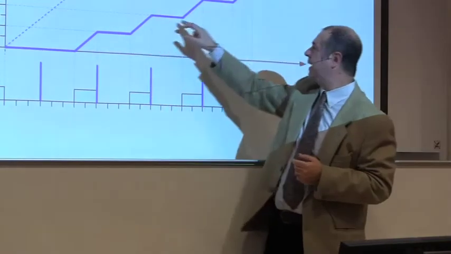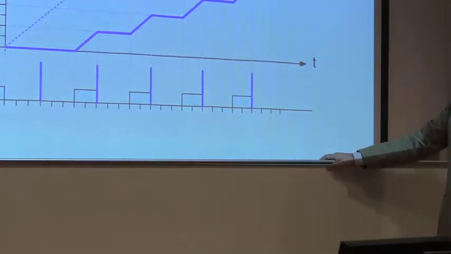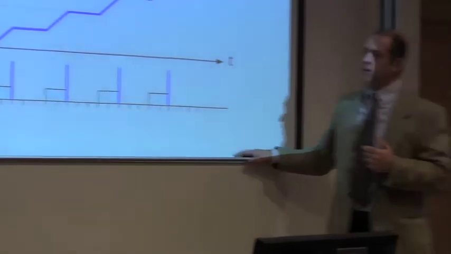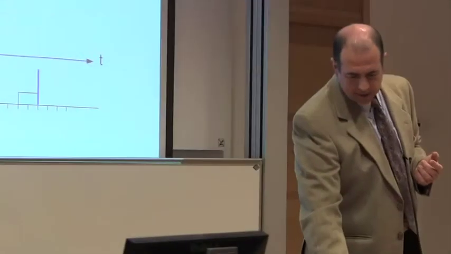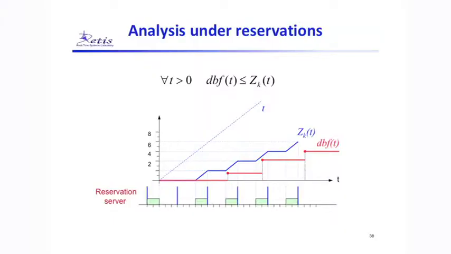We don't increase it. So we have a function like this. So now we need to verify whether our computational demand is below this function, which represents the reservation, depending on the parameters P, Q, or alpha, delta we dedicated to the server.